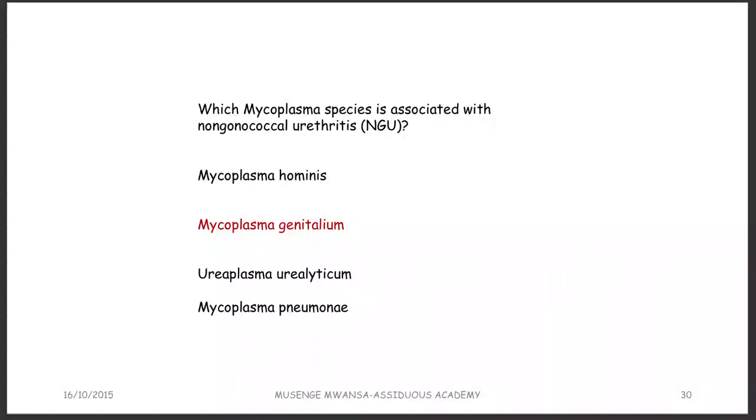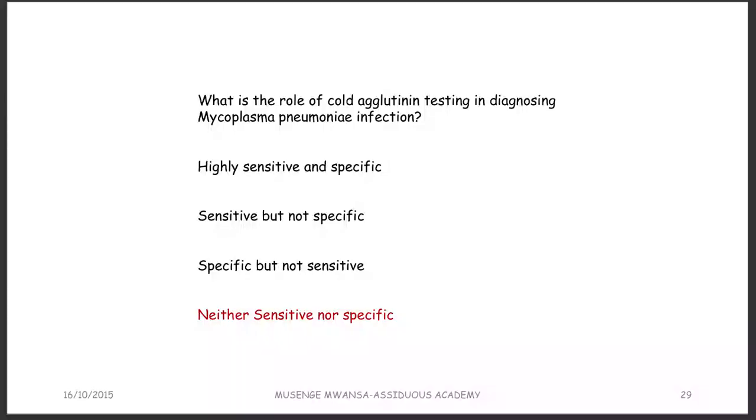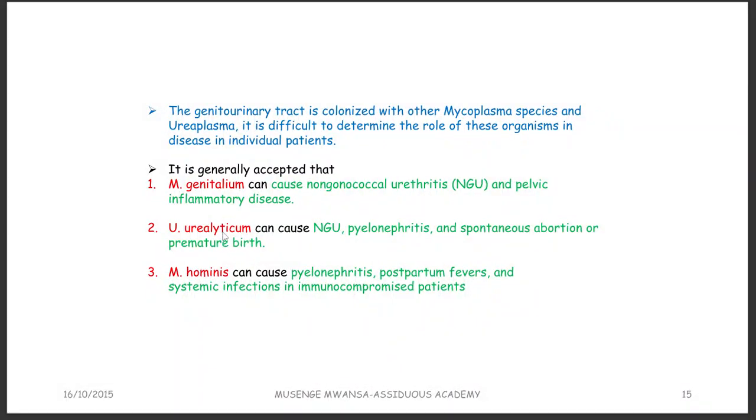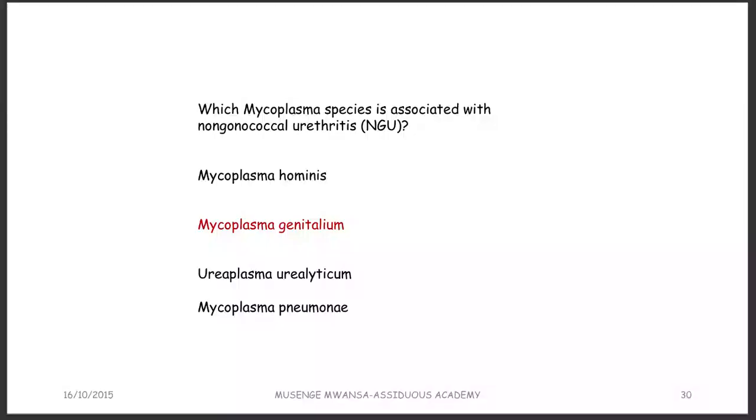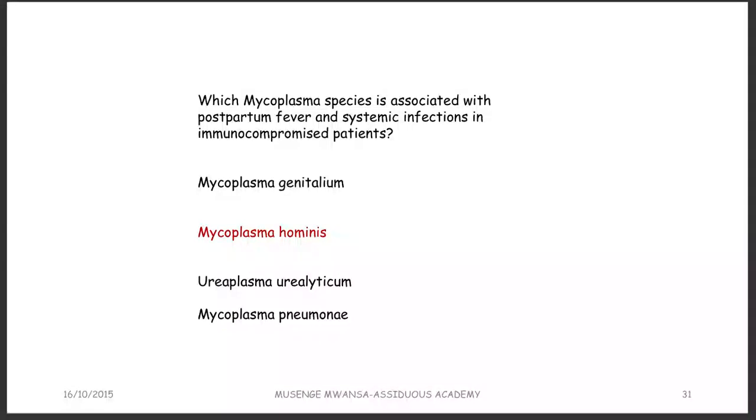Which Mycoplasma species is associated with non-gonococcal urethritis? It is Mycoplasma genitalium. Of course, we had mentioned that it's not the only one. Ureaplasma urealyticum can also cause non-gonococcal urethritis, but the common one is Mycoplasma genitalium.